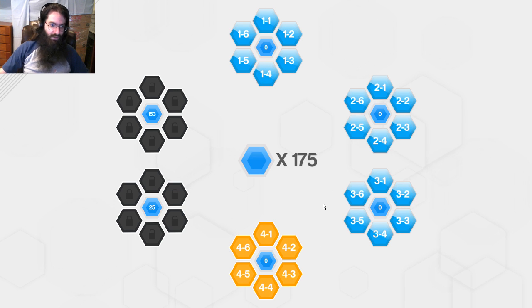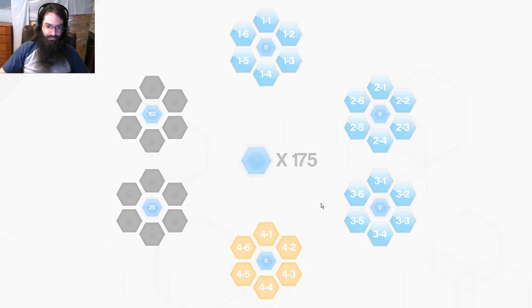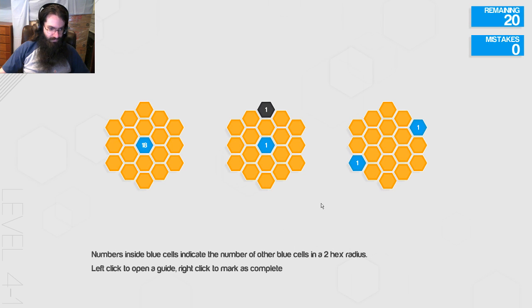Boards 5 and 6. Oh, this stuff. Yeah. 3, 6, plus 8 is 14, 15, 16, 17, 18. Okay, all those.